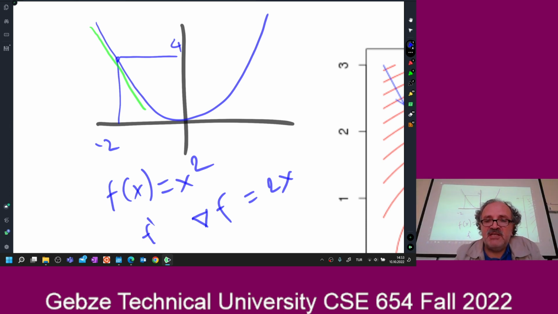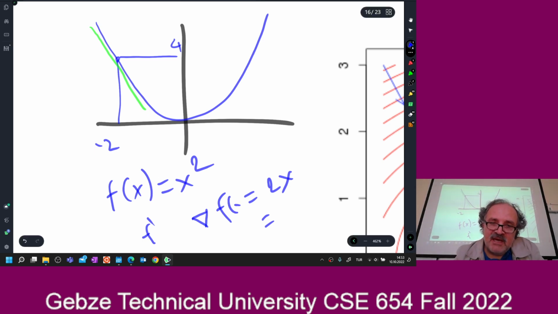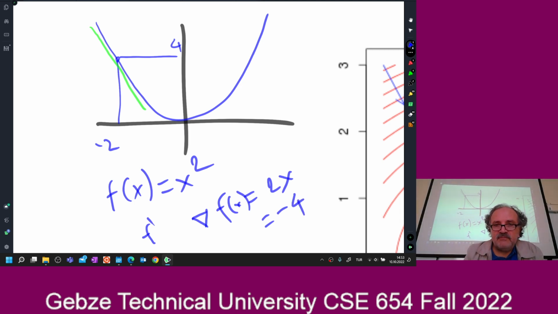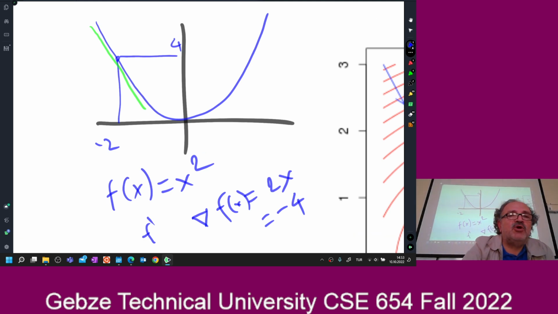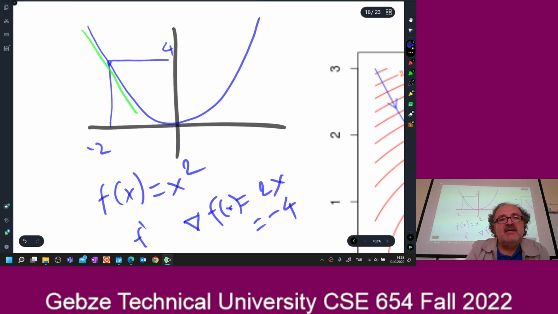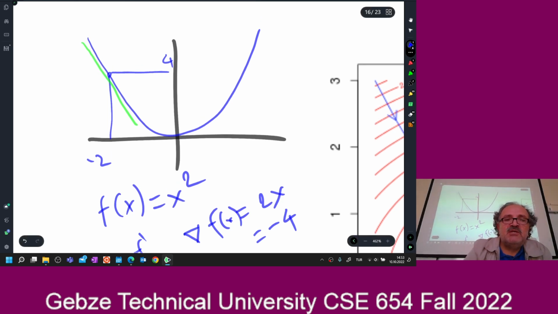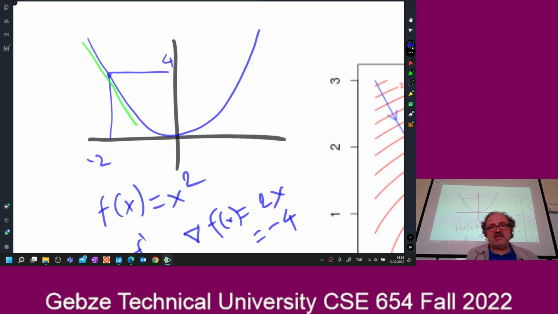If I put x equals minus 2 in here, it's going to give me minus 4. Minus 4 means the slope of this thing is going this way. So let's go in the inverse direction of the derivative.